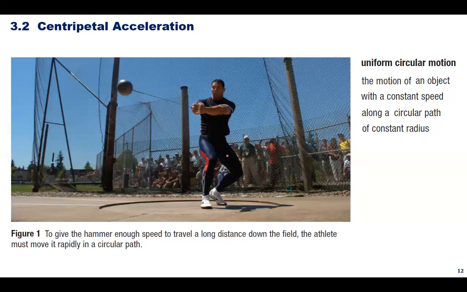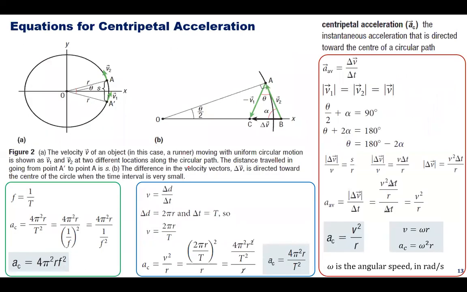Okay, so next let's have a look at the equations for centripetal acceleration. Recall that the average acceleration a_av of an object equals the change in velocity delta v during an interval of time delta t, which is given by this formula.